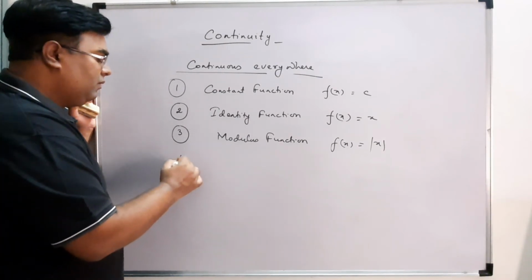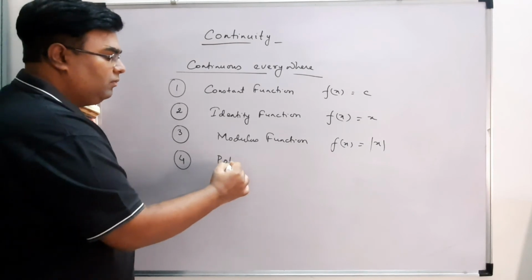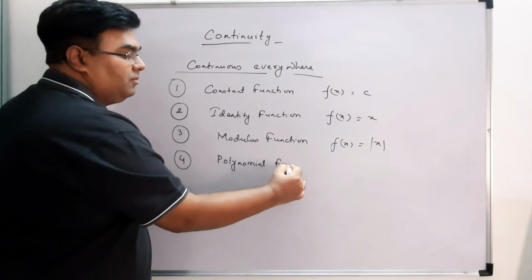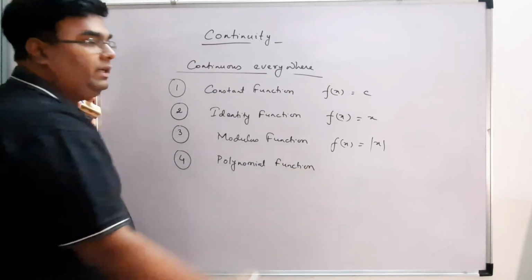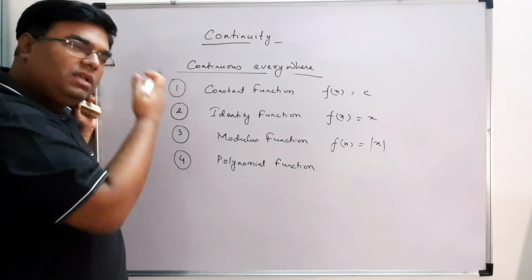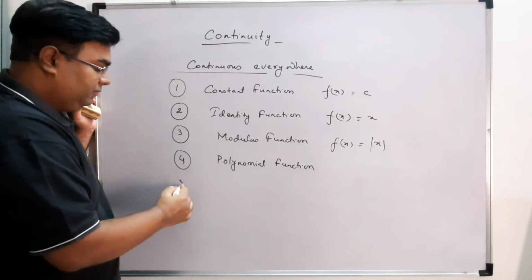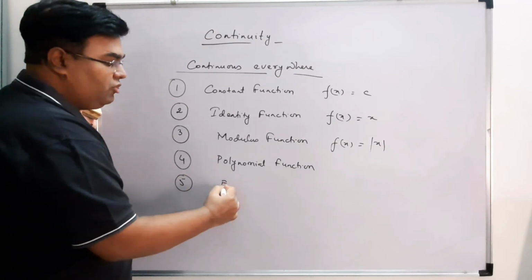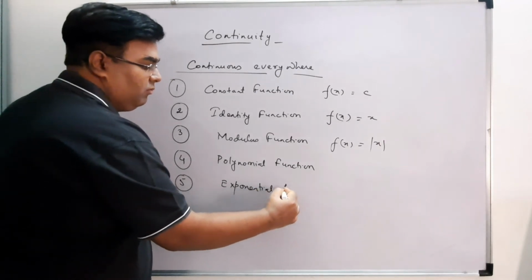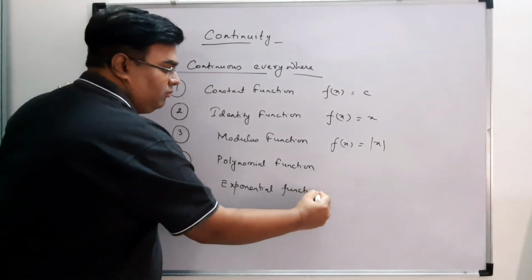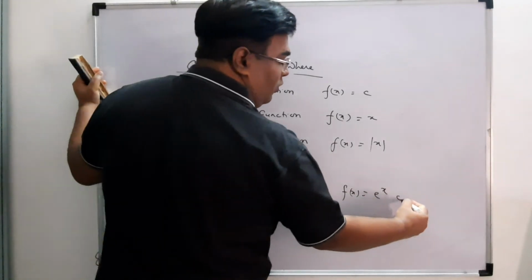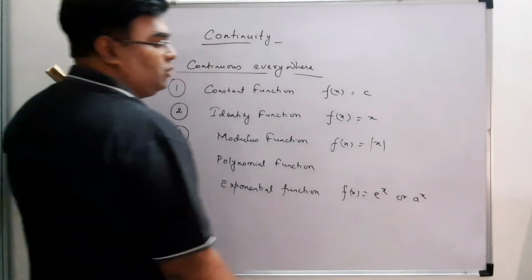Okay. Fourth, polynomial function. Right? We know what a polynomial is. So this polynomial function is continuous everywhere. Fifth, exponential function. It is like f(x) is equal to e raised to x or a raised to x.